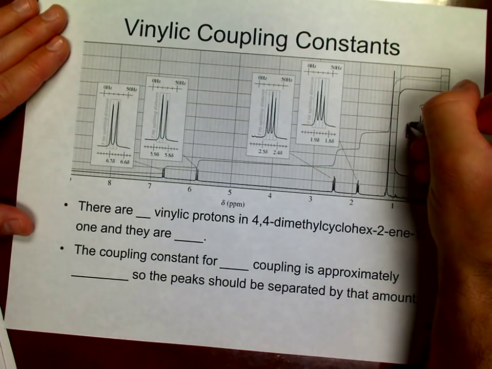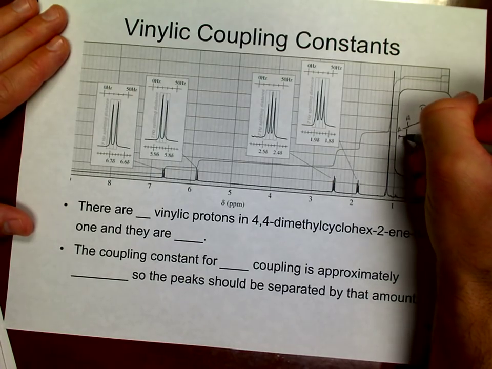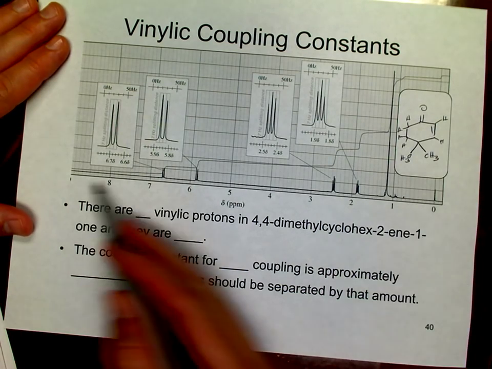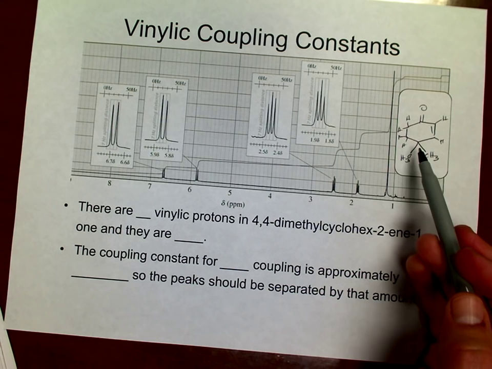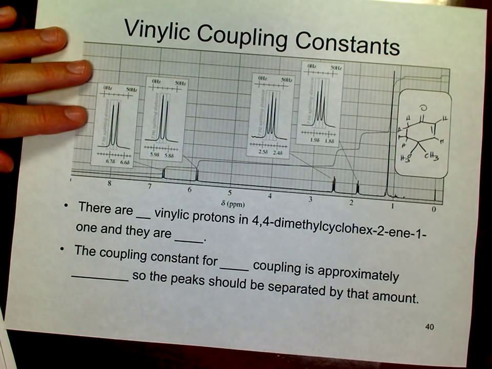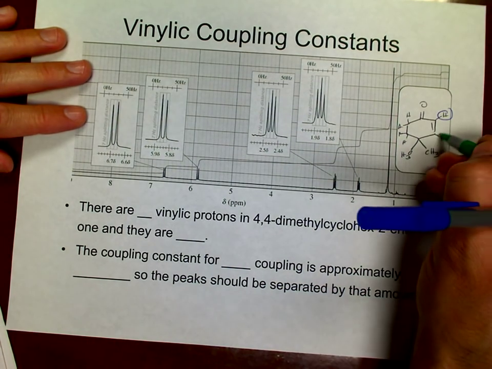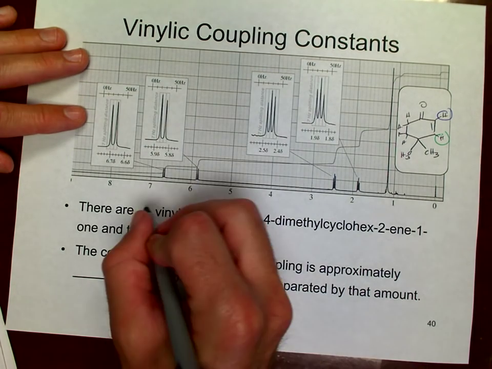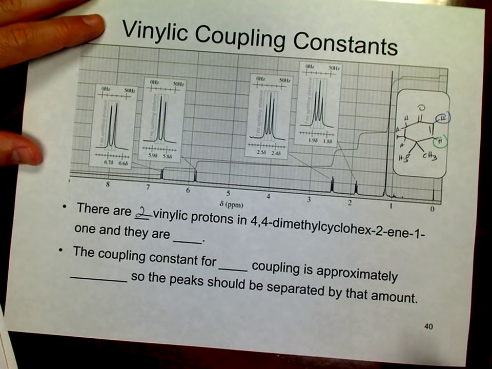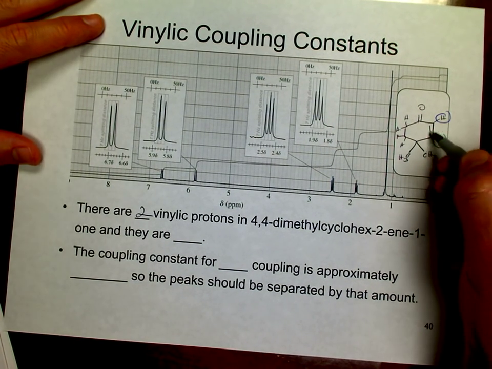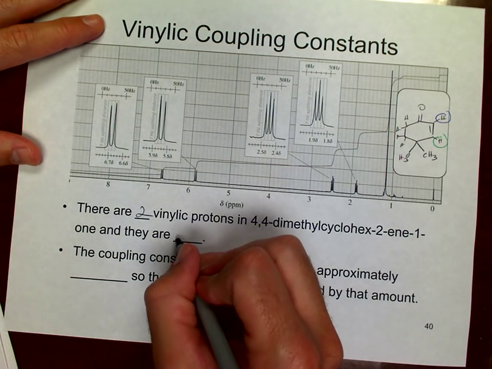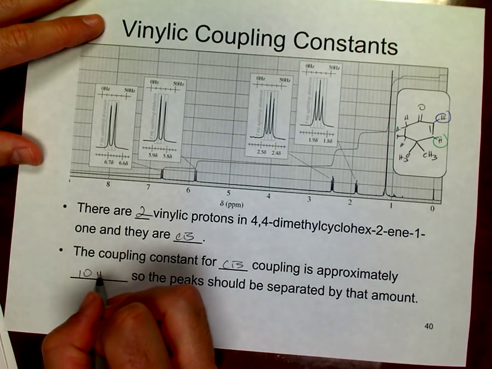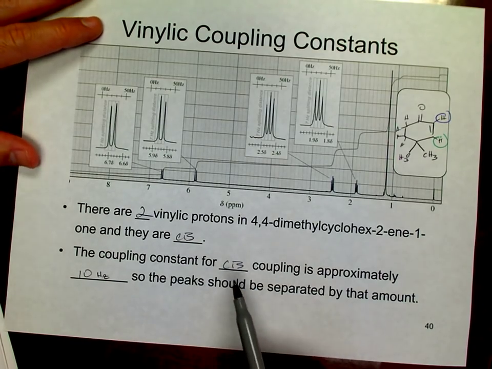This NMR spectrum is representing this compound, okay? So if you notice, there are two vinylic protons, okay? And if you notice, they are in the cis orientation to each other, okay? So cis is around 10 hertz.